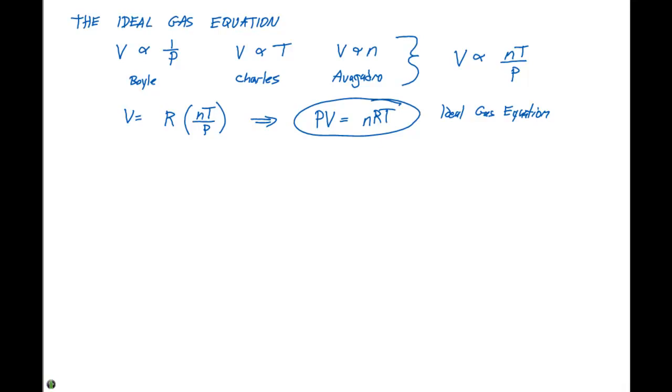So we need to determine what our constant is, and R is sometimes called the universal gas constant, which is 0.0821 liters times atmospheres divided by moles times Kelvin.